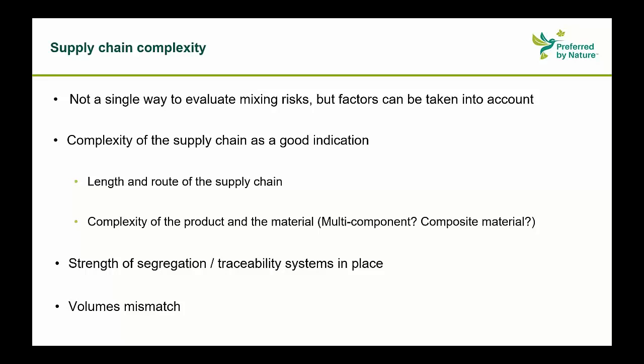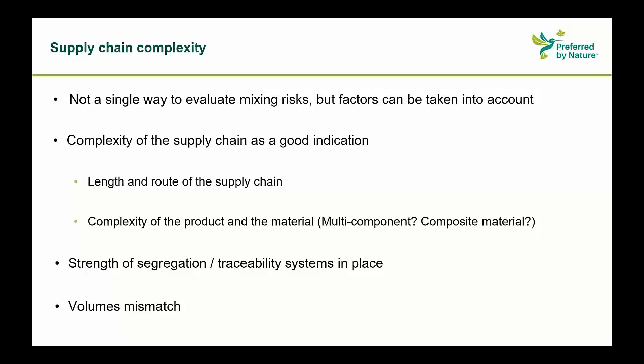So that explains why the regulation is talking about the complexity of the supply chain, because the longer the supply chain and the more complex, well, the higher the risk of mixing. It's the same for the nature of the product, right? The more components you have in a product, the higher the risk of mixing.